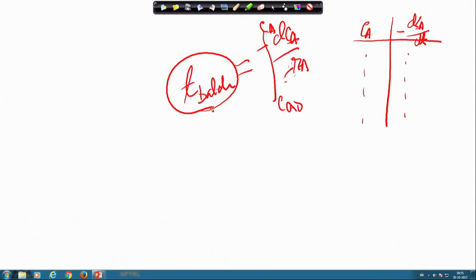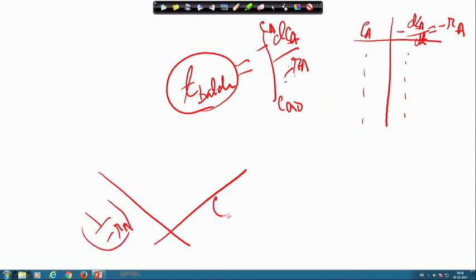Now, how can you do that? We can do it very easily. If we plot 1 by minus Ra versus Ca, we will get some plot like this, or this way or that way, whatever it is.